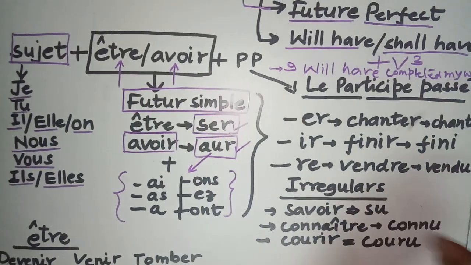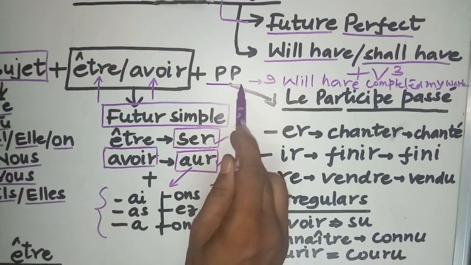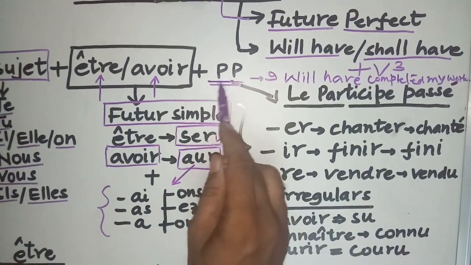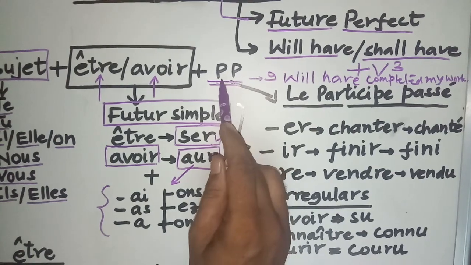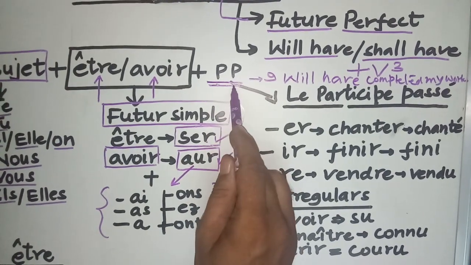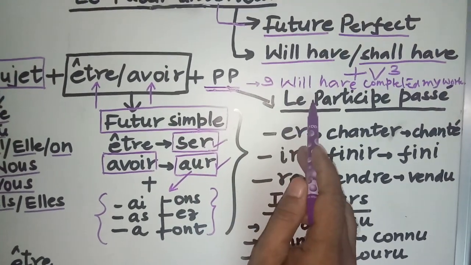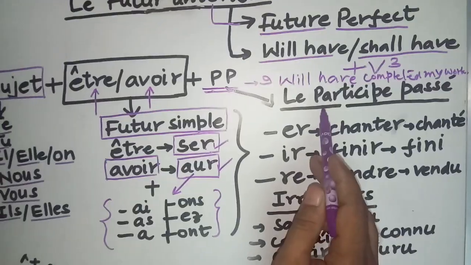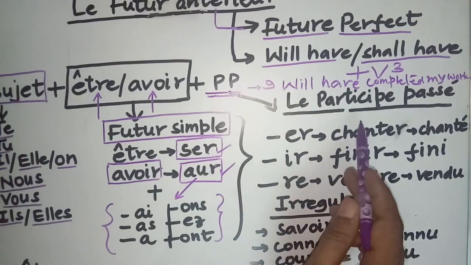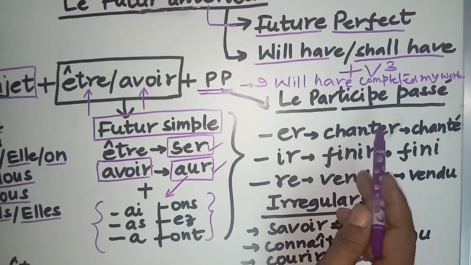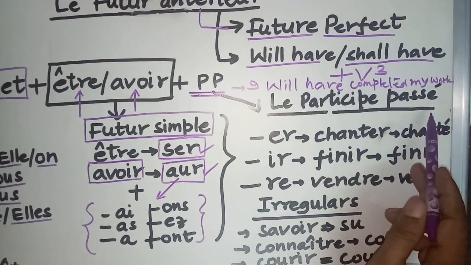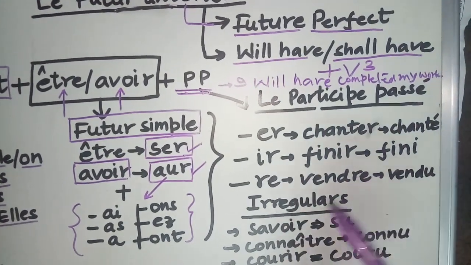And then we move on to the third section of it, that is the participe passé. I have written PP, the short form of it, that is le participe passé, the past participle. As we have the verb's third form in English, similarly we have in French the third form, or the participe passé form. Le participe passé of a verb is done like this.